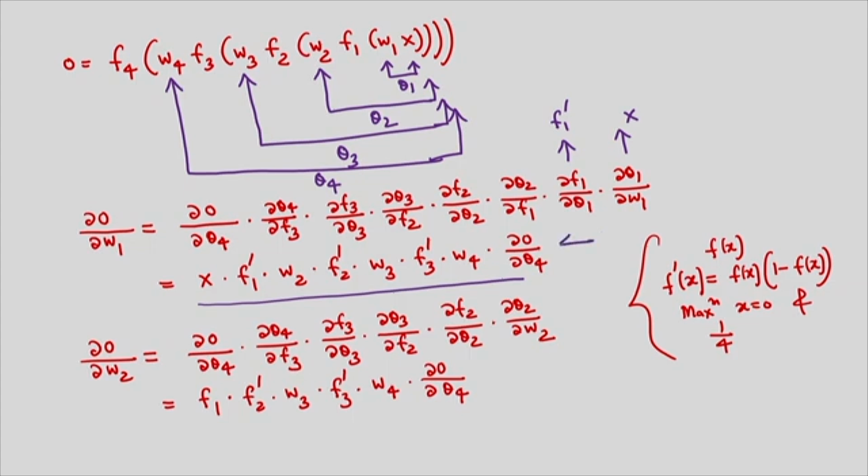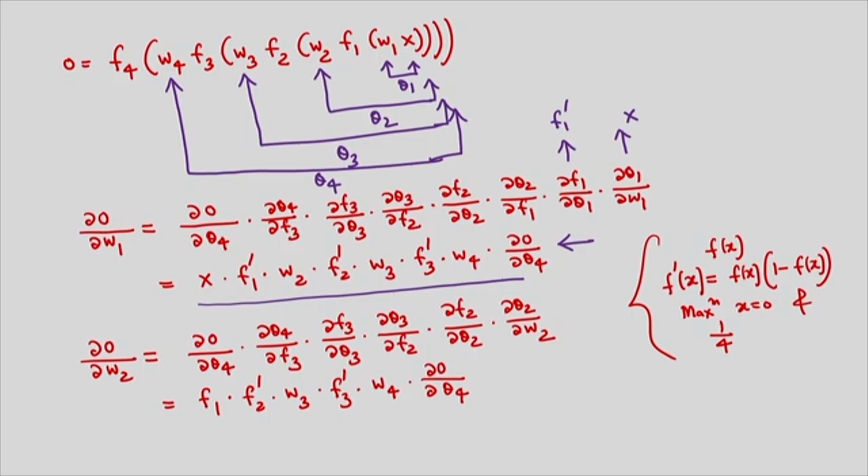If you see this equation, this is nothing but the product of f1 dash into f2 dash into f3 dash, and already I told you the weights are from a probability distribution function with mean 0 and variance 1. Because of this, this product will be less than 1 and it will go on decreasing if I increase the number of layers.